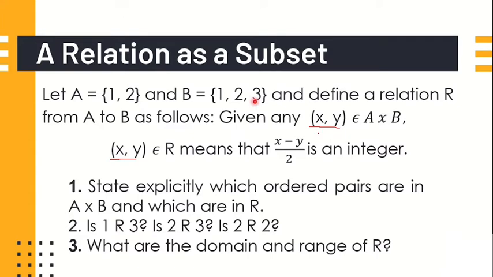After you get the product A times B, the result of multiplying the multiplier and multiplicand, you substitute it into x minus y over 2.